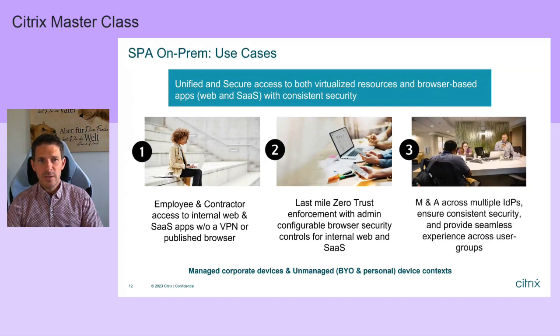And the third use case is especially for accelerating merger and acquisition users to access across multiple identity providers to ensure consistent security and provide seamless end-user app access across multiple user groups. With the integration of merger and acquisition users into an existing environment, it is complex and takes a lot of time.